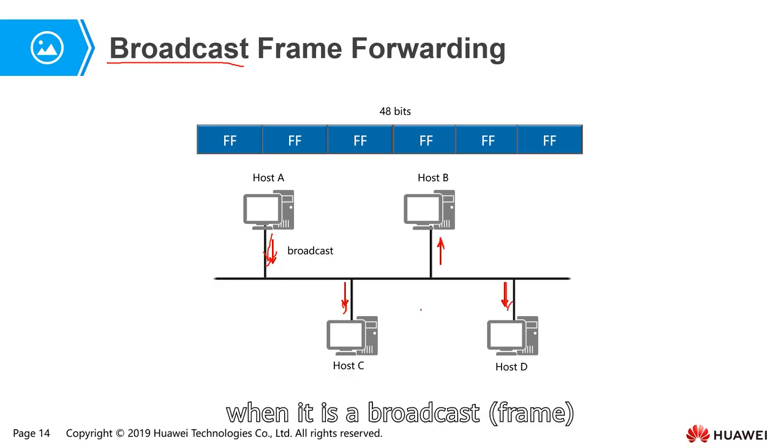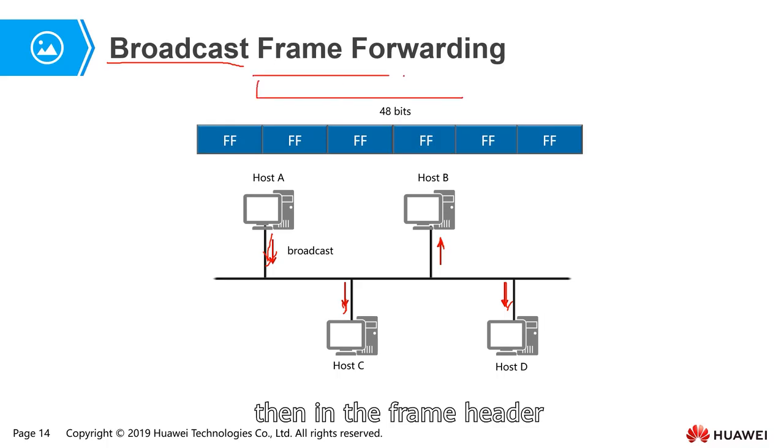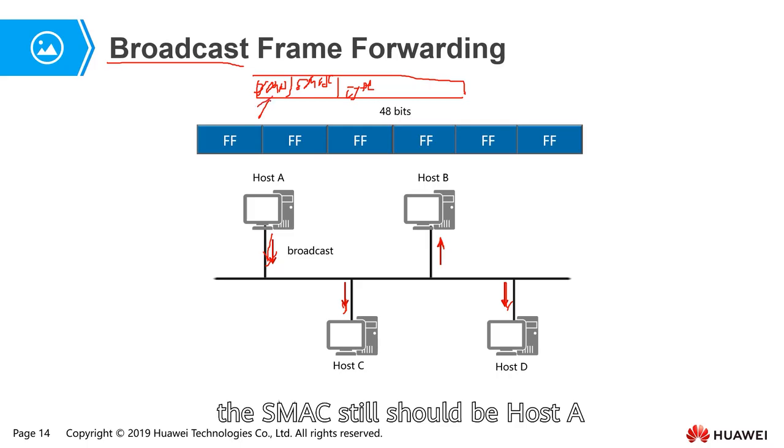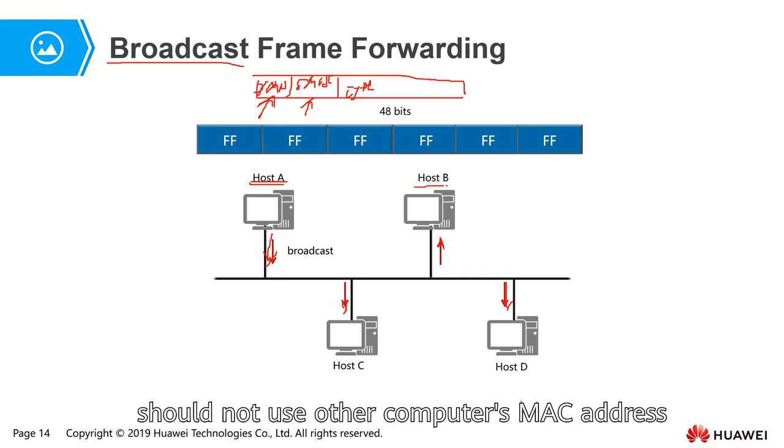When this is a broadcast, in the frame header there's a destination MAC, a source MAC, and a type. The source MAC should still be host A who sends the frame, using its own MAC address. The destination MAC should not use another host's MAC address.